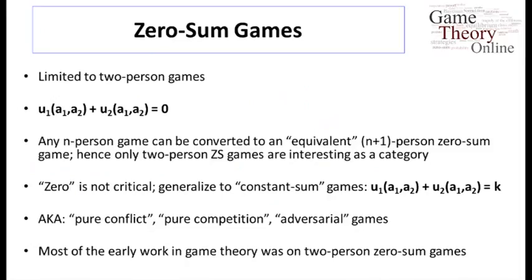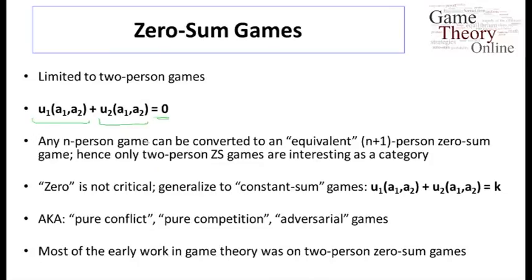So for zero-sum games generally, the interesting cases will be limited to two-person games. So often when we refer to zero-sum games, we're referring to two-person games. You can have a general n-person situation where you've got a zero-sum game. But the idea here is, again, that the payoffs of the players as a function of the actions sum up to 0.